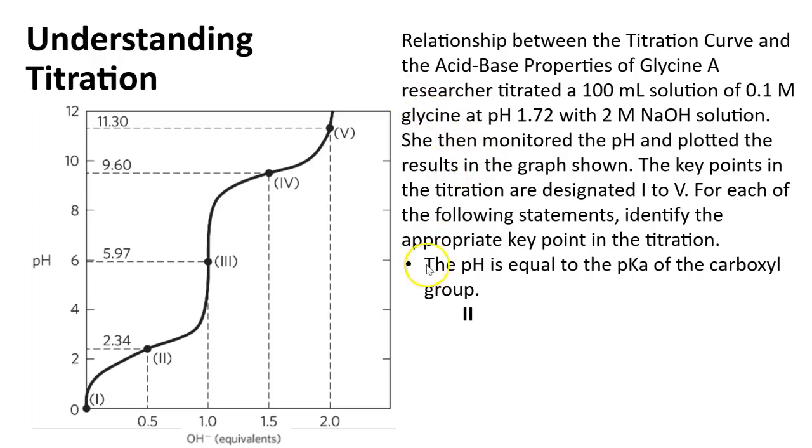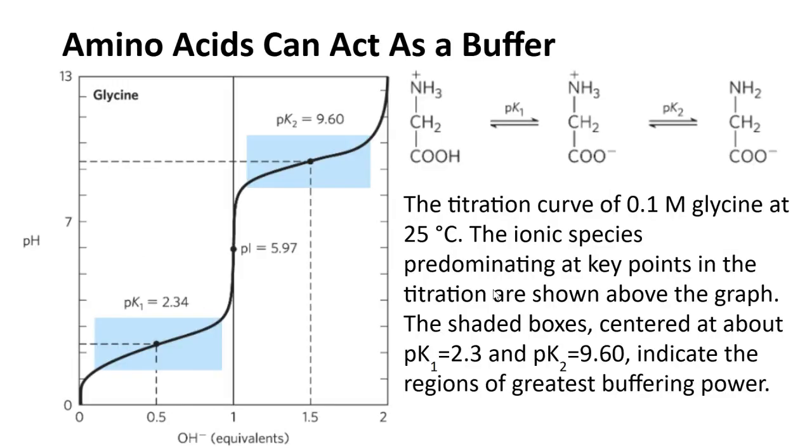And so the first point is the pH is equal to the pKa of the carboxylic group. And so we know that the carboxylic group, which is right here, this pK1 is the point that is showing the carboxylic pKa of the amino acid with the C terminus.